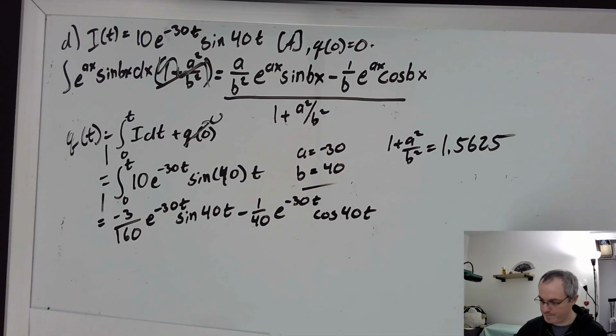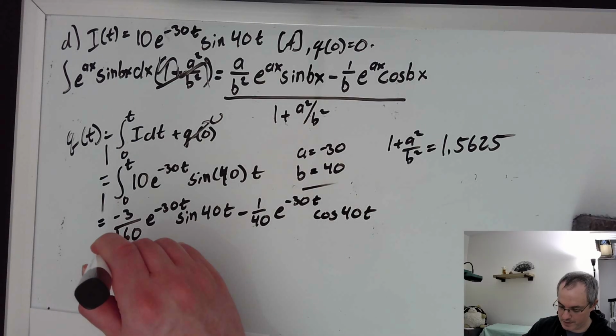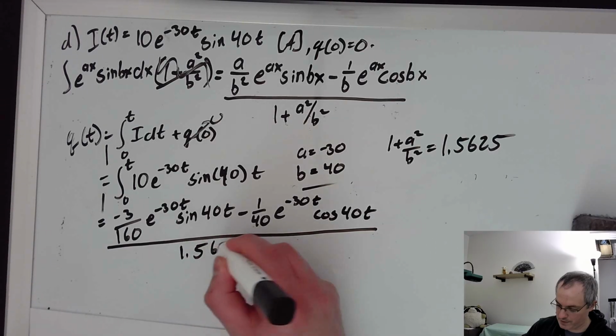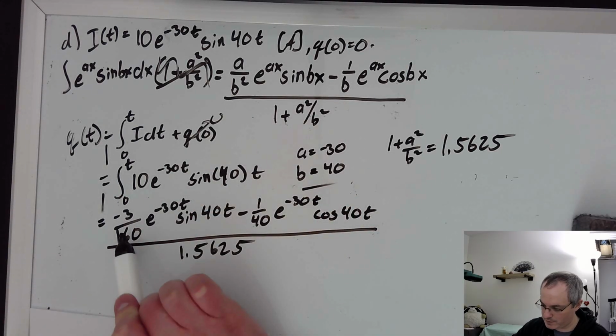Okay. And then we have to divide by this bottom thing, 1.5625. So that's following this formula.